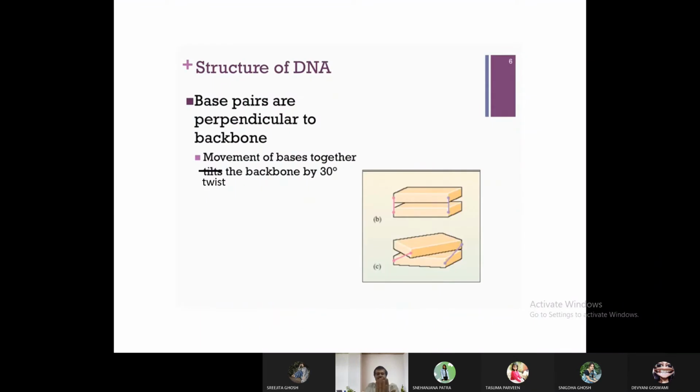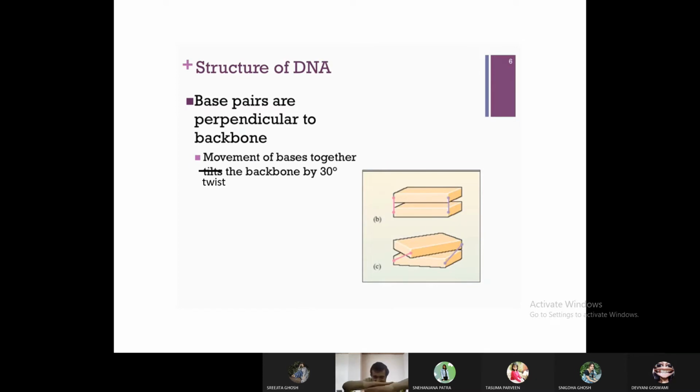So if these are the two DNA bases, they are not exactly one on top of the other. They are twisted by an angle of 30 degrees. If the two bases are properly on top of each other, it is not possible to have a DNA double strand which is twisted.